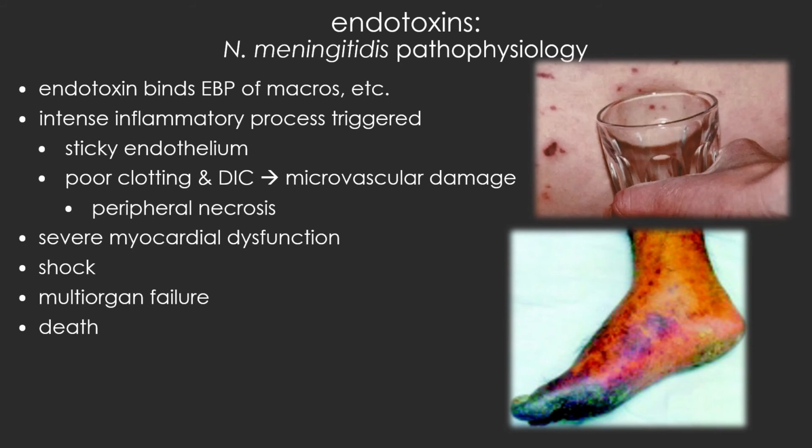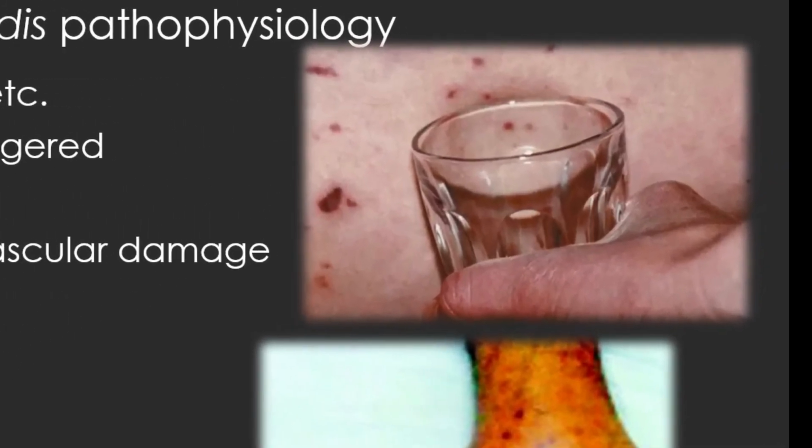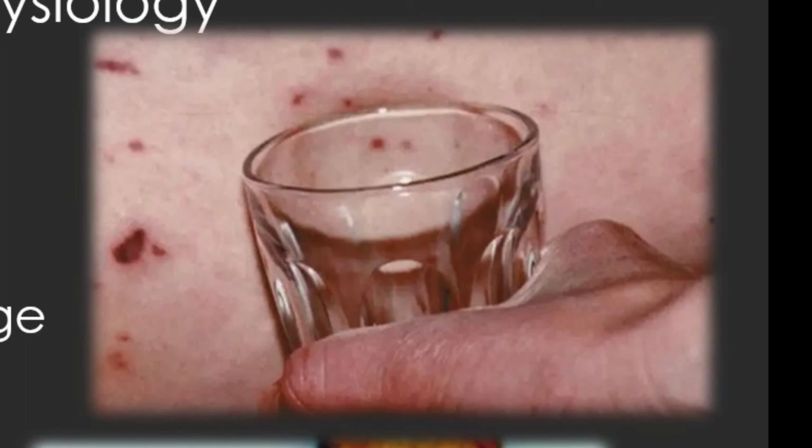And when you get that excessive bleeding and the damage, you get these little tiny red spots under the skin, which are called petechial hemorrhage. And one of the classic signs of Neisseria meningitidis infection is the presence of these little red areas on the skin, which if you push on them remain red.